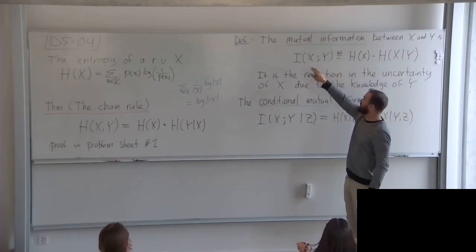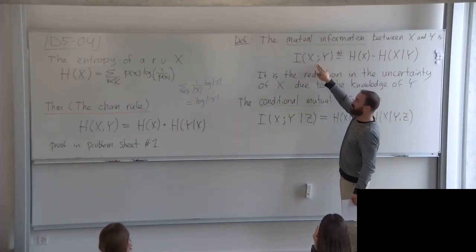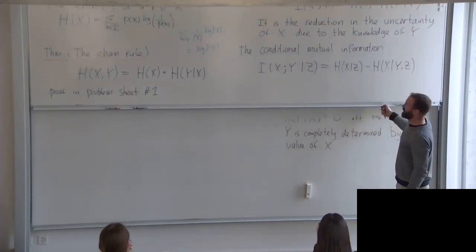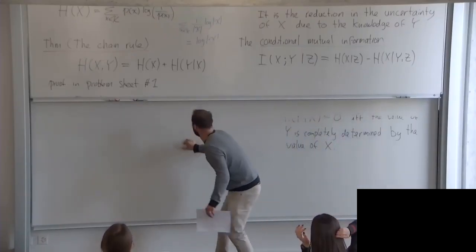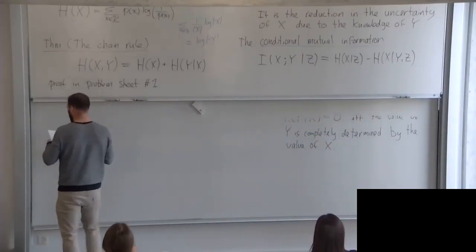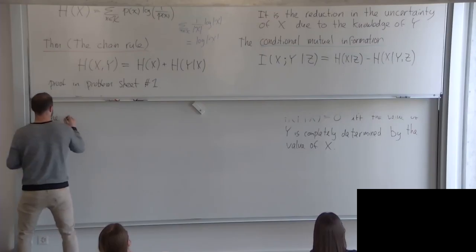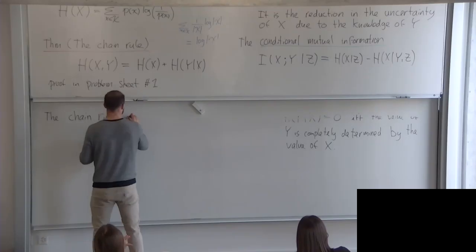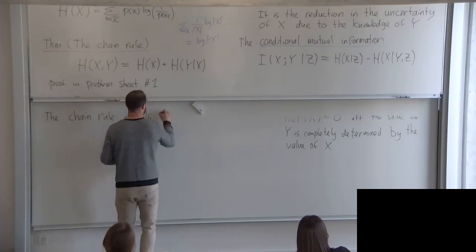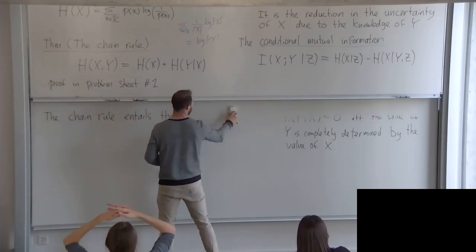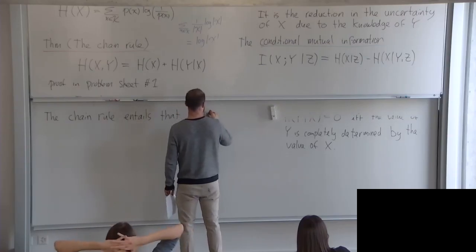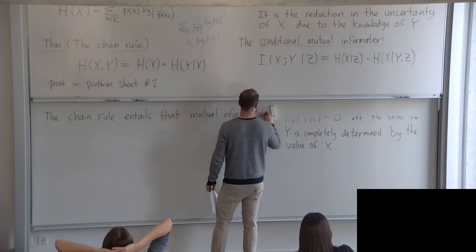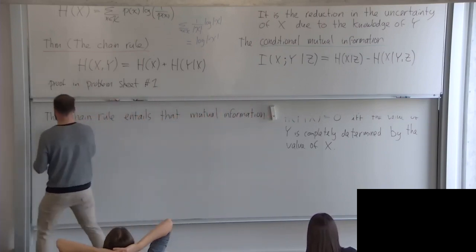It's the same as I of y semicolon x. We will see why. So the chain rule entails that mutual information is symmetric.